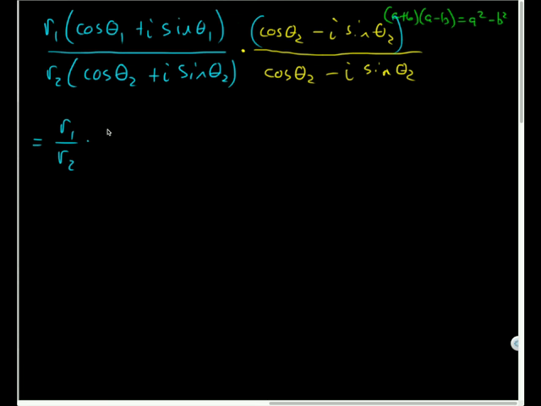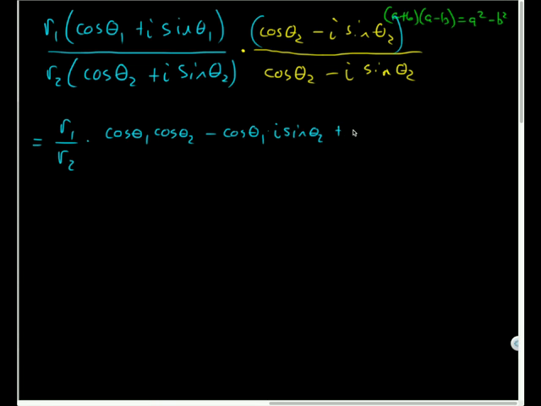So I'll have cosine theta 1 cosine theta 2. Hopefully I leave enough space here. Don't want to write too large. And then I'll have minus cosine theta 1 times I sine of theta 2. I feel like I'm running out of space already. And then I'll multiply I sine theta 1 times both of those over here as well.